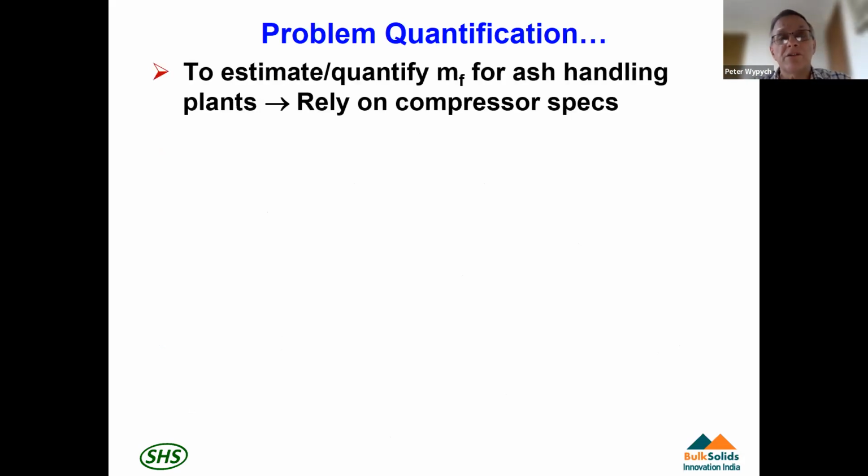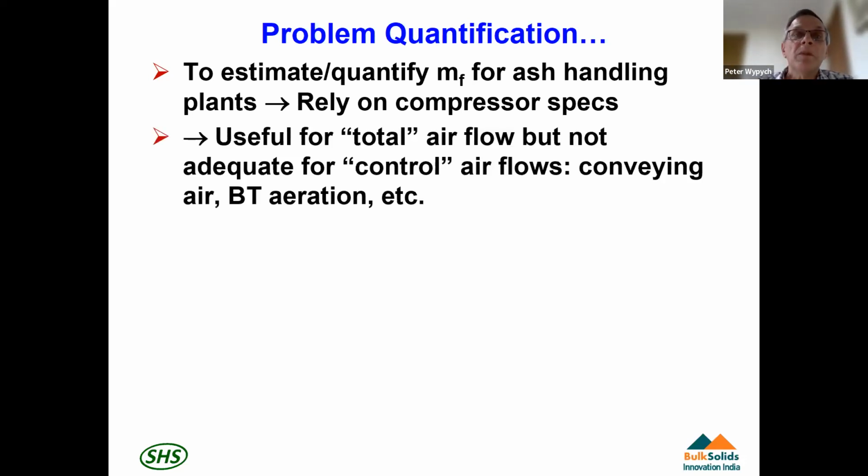So to estimate or quantify the air mass flow rate for an ash handling plant, we quite often have to rely on compressor specs. So we also have to check that the compressor is running as per the specification and no one's fiddled with it, or changed the gear ratios or something like that. So there's a few checks that we have to make as well.